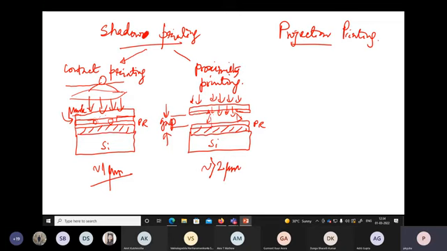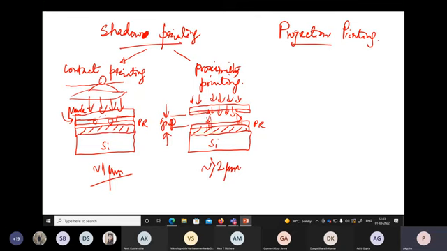If it reaches the opaque portion of the resist, when you develop it, this part of the resist will also be developed and removed. So your device will not be proper. In other words, resolution will suffer. So in proximity printing, resolution might be an issue, but your mask lifetime will improve.